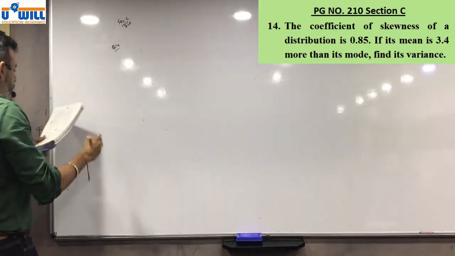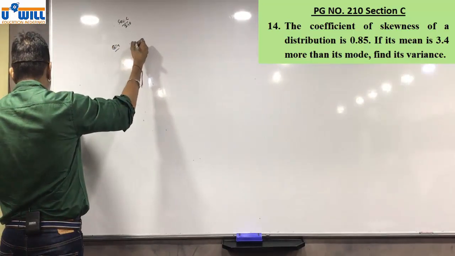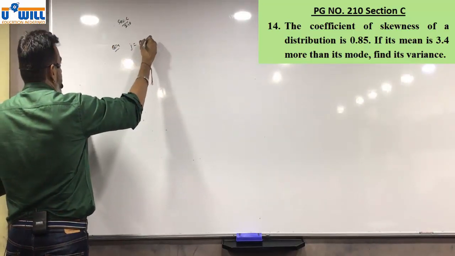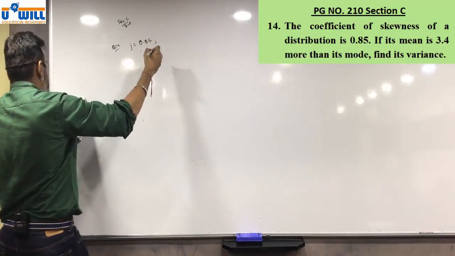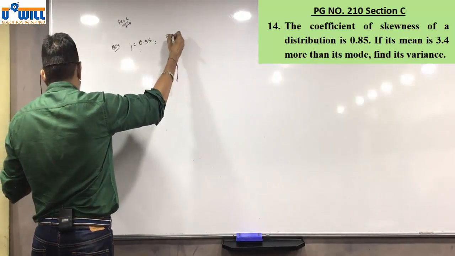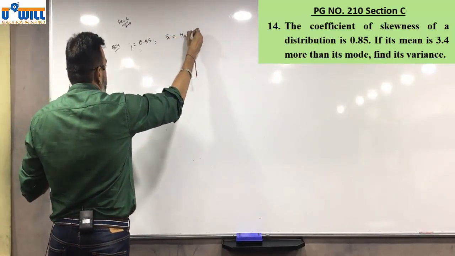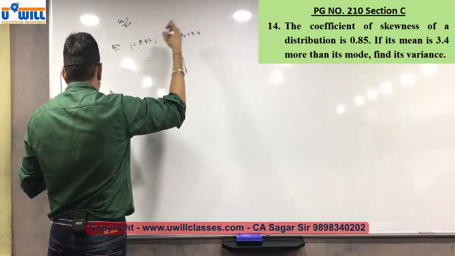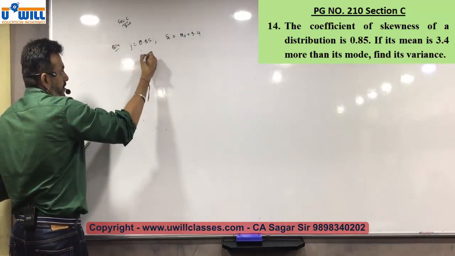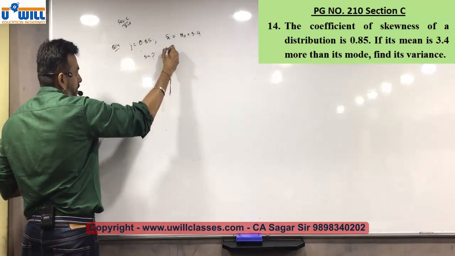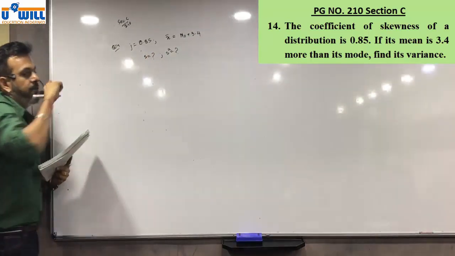Let's write what is given. J is equal to 0.85 and mean x bar is more than its mode by 3.4. We have to first find the standard deviation and then find the standard deviation square.